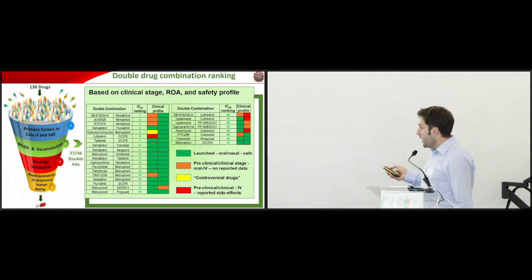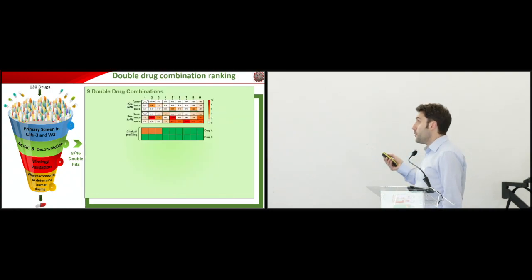And using a combination of potency, synergism, and clinical profiling, we thought we had isolated 9 combinations of pairs of drugs that showed good potency, good synergism, and seemed okay using our clinical profiling.